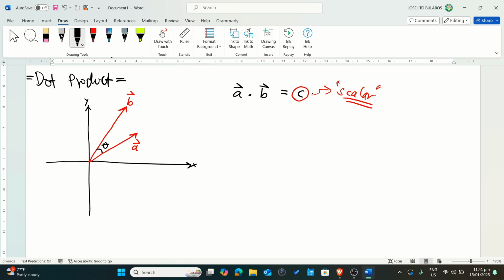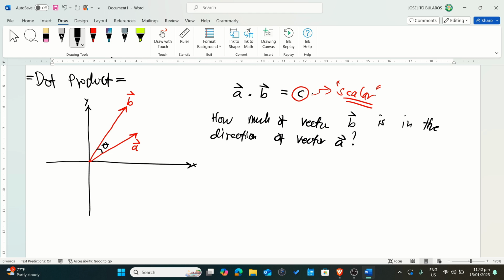The underlying logic behind the dot product is that it simply means how much of vector B is in the direction of vector A. Now we know that vector A is along this direction.